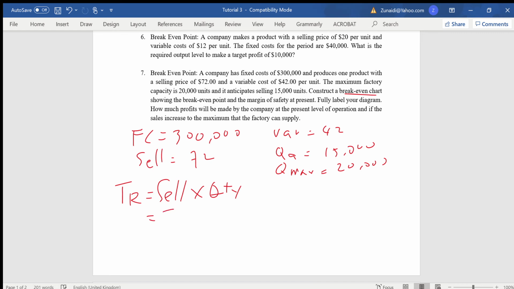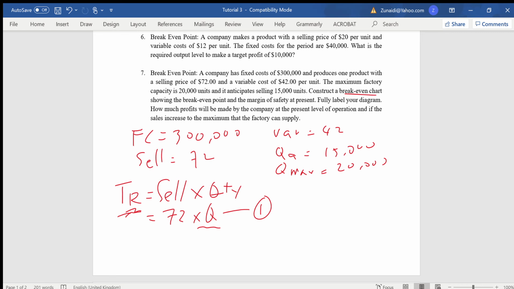We have TR equals 72 multiplied by Q, where Q is the quantity. This is equation 1. So we have TR and Q as variables, and we can plot this in the break-even chart later on.